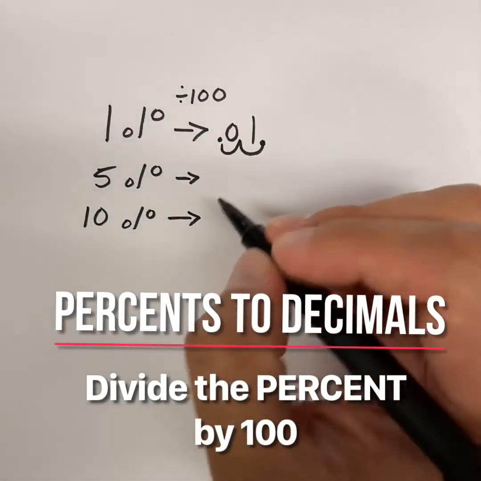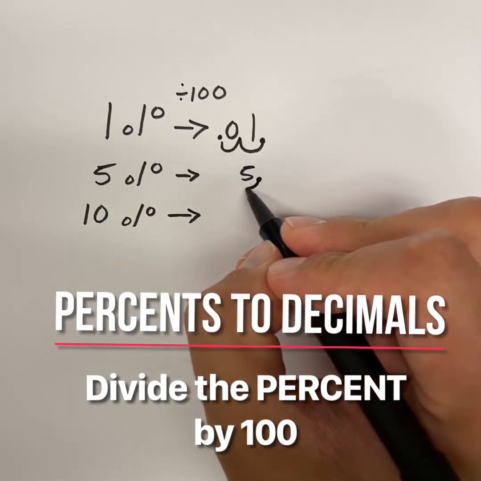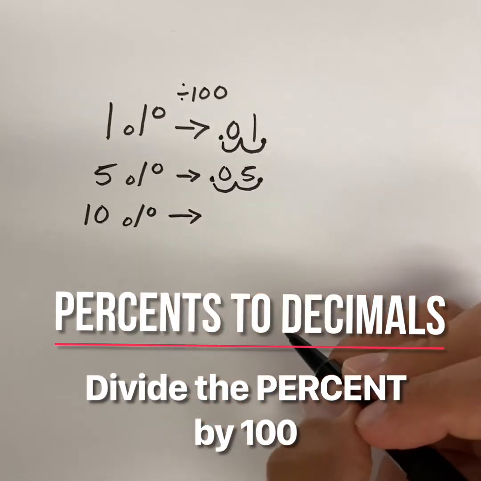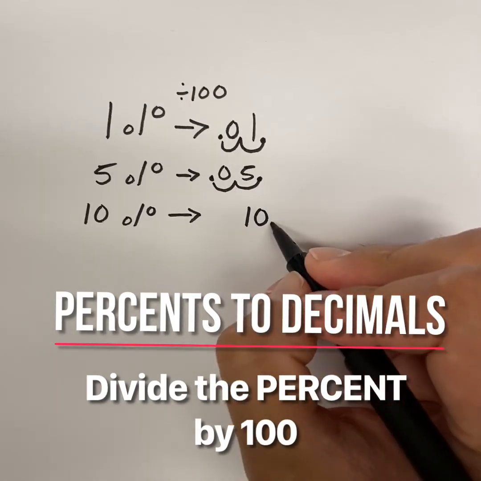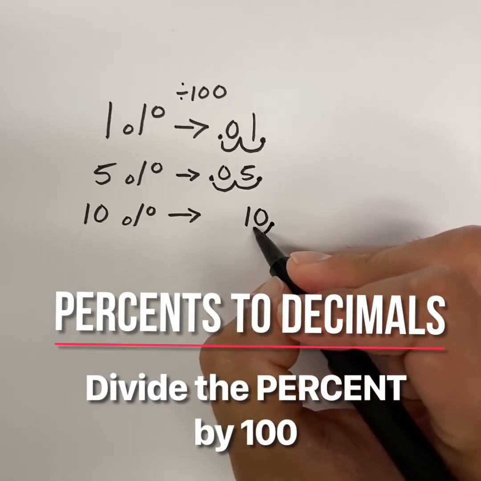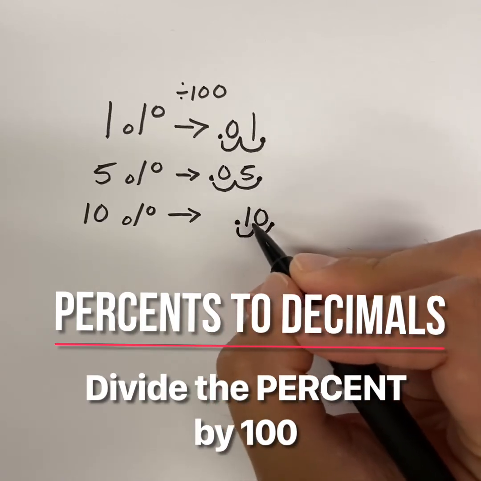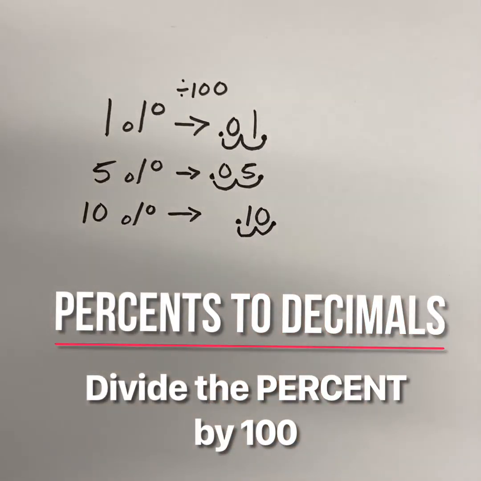Same thing would go for 5%. 5 divided by 100, 5 hundredths. 10% would be 10 divided by 100. We move our decimal point twice. We don't have to fill in any blanks here, and we would have 0.1 or 10 hundredths.